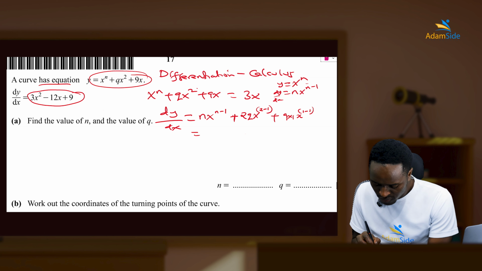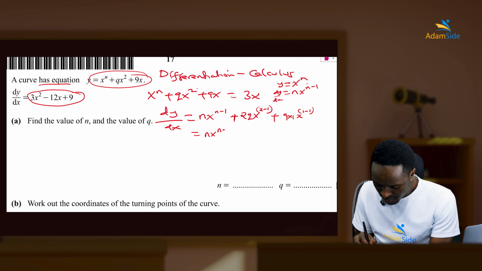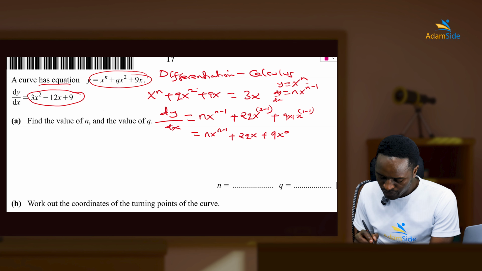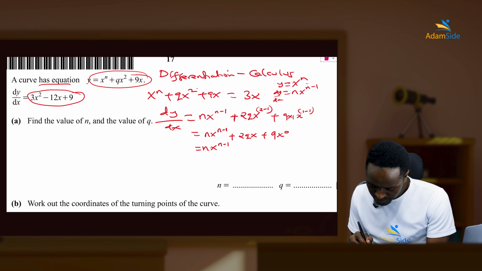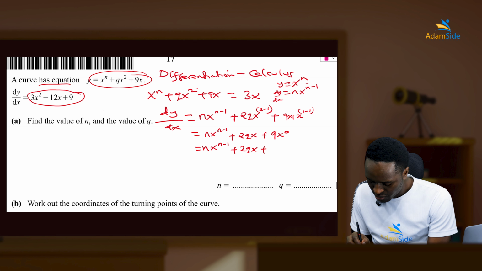Correct. So if you do this, it will be nx power n minus 1, then plus 2qx power 1 plus 9x power 0. So here you get nx power n minus 1 plus 2qx plus 9 times 1 is 9.